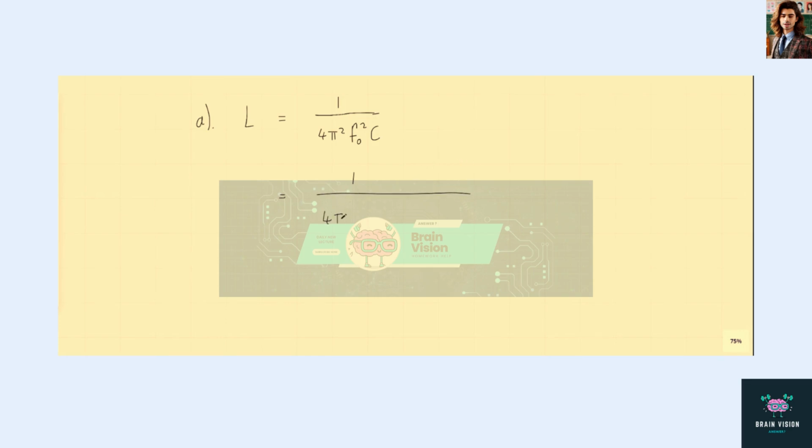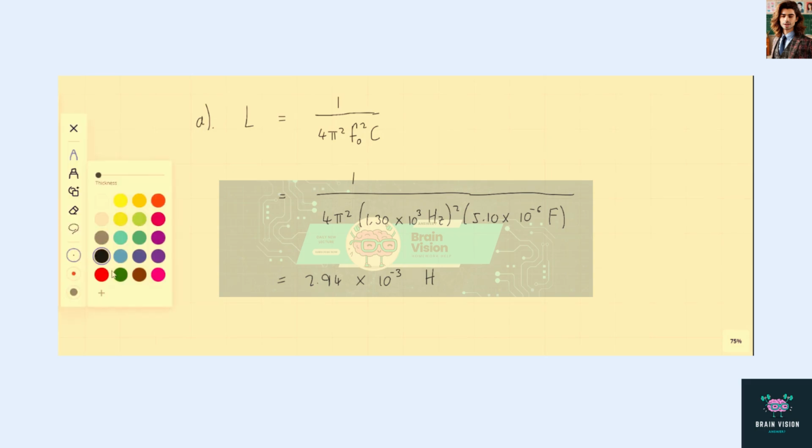That's 1 over 4 pi squared times the resonant frequency 1.3 times 10 to the power 3 hertz, squared, times the capacitance of 5.1 times 10 to the minus 6 farads. Calculating, we get the inductance L to be 2.94 times 10 to the minus 3 henry. So we've managed to solve part A and find the inductance.